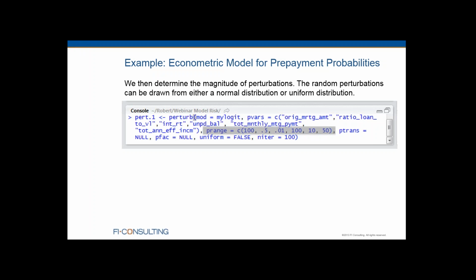If I put all ones, if this is a vector of ones, that would mean it would be drawing from standard normals. We don't want to draw from standard normals, so we have assumed certain variances for these variables. We don't want a uniform distribution, so that parameter is false, and we're going to draw 100 iterations.